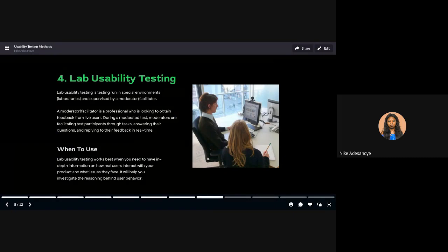But for moderated or lab usability testing, you are in a confined environment like a laboratory, but not necessarily a laboratory. People will say laboratory, but it might be a particular place in your office, maybe a quiet place. And when conducting a lab usability testing, you have a moderator and you have your device itself.